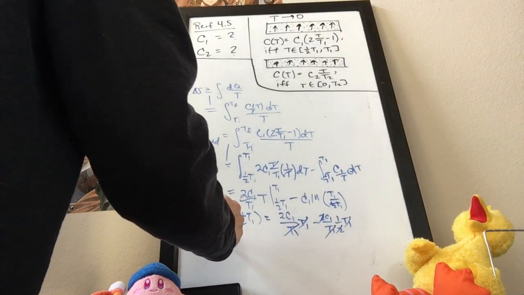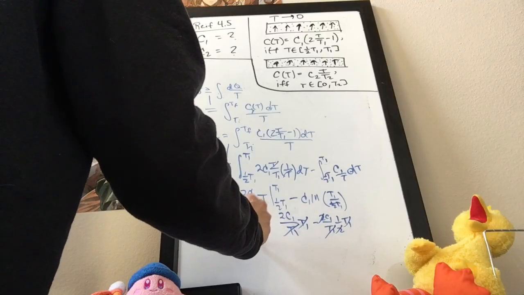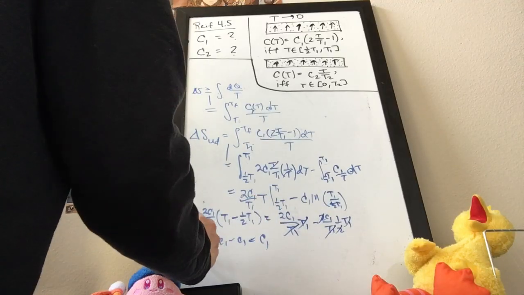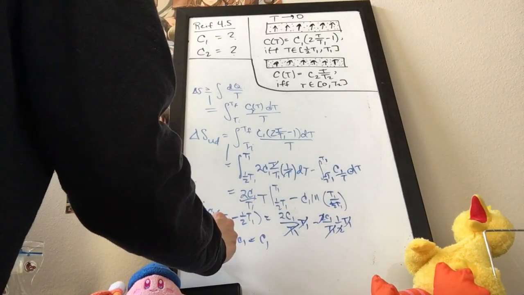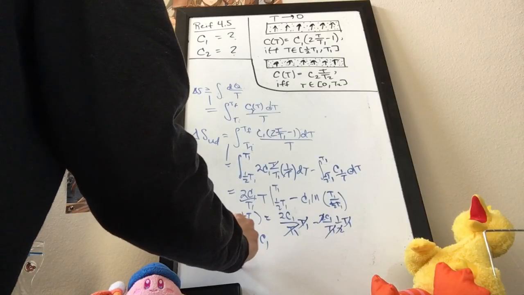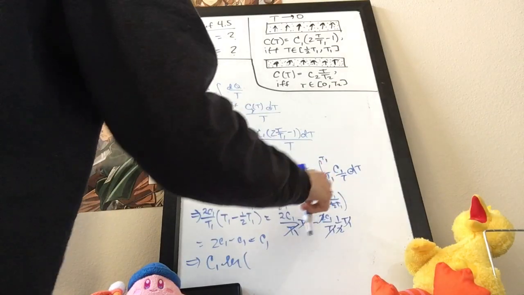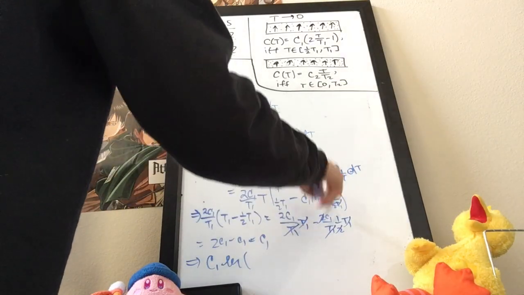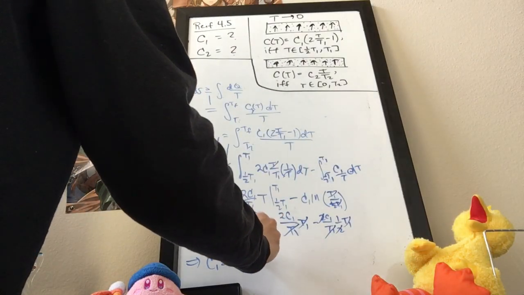So this is like saying 2C1 minus C1, and that's just equal to C1, right? And the second integral should just evaluate to the C1 natural logarithm of that cancels, so we have 1/2, so natural logarithm 2.